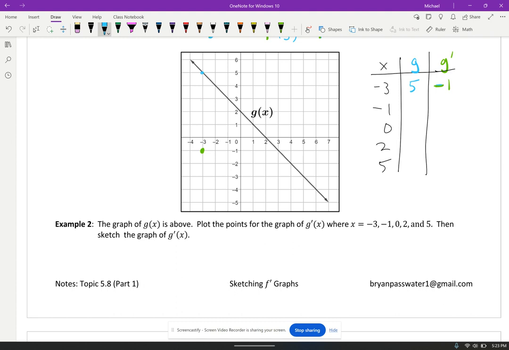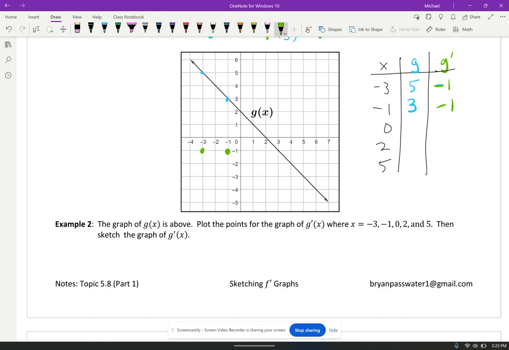All right, so let's find g of negative 1. G of negative 1 would be the y coordinate of that point, so that's 3. But g prime of negative 1 would be the slope at negative 1 of this function. Well, the slope is still down 1 over 1. So I'm going to plot the point at negative 1 because this is still negative 1.